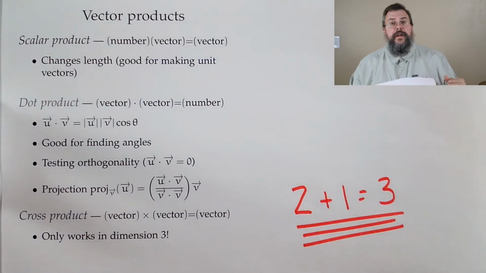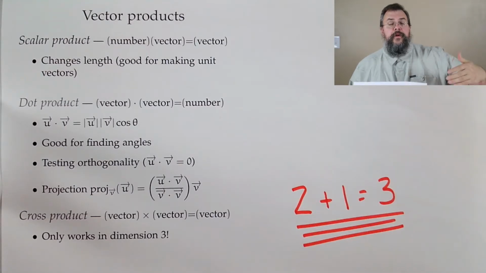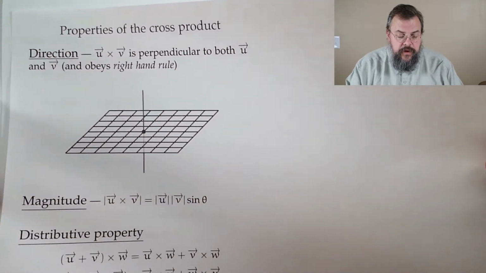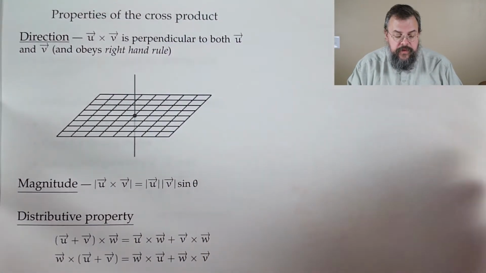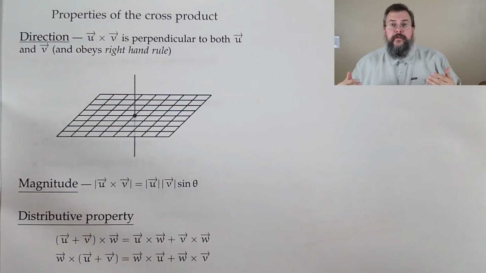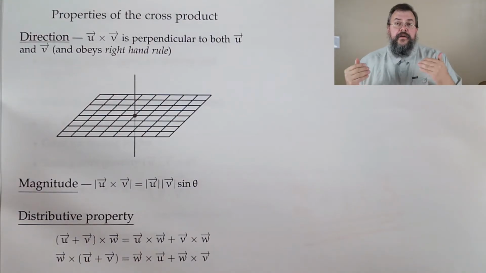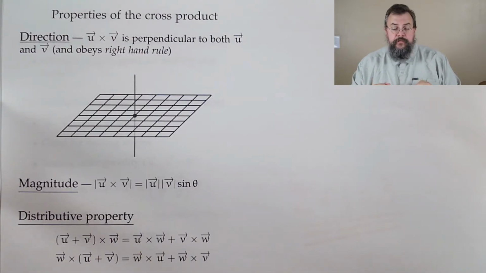So here's what we're going to do. We're going to start the cross product by first saying what are some things we want to specify, and then from those, consequences will emerge about what the definition is. So let's start with some properties we want it to satisfy. Now when we talk about a vector, we can always think about it as having two aspects, a direction and a magnitude. Let's start with the direction.